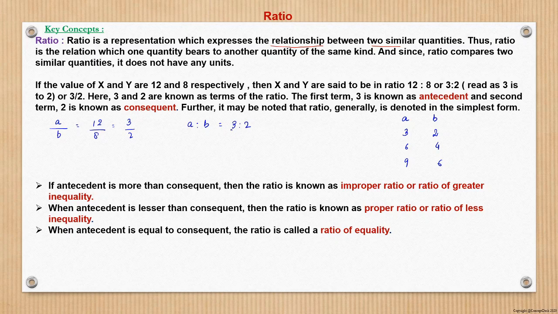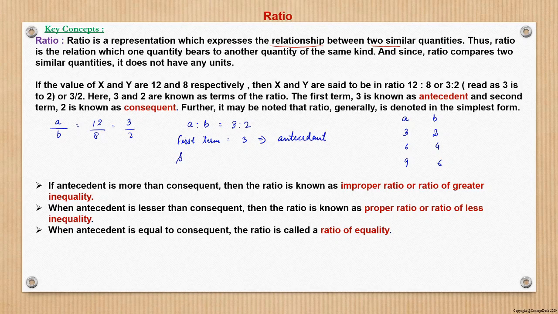Now, a couple more things here. In the ratio A is to B, the first term, 3, is known as the antecedent.